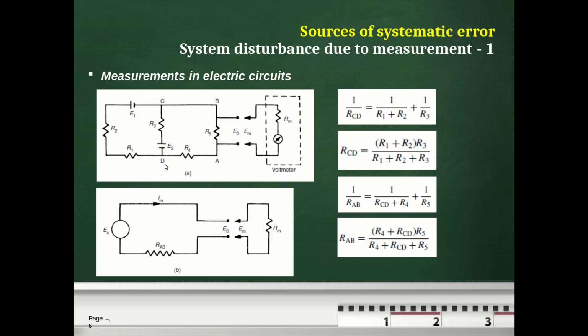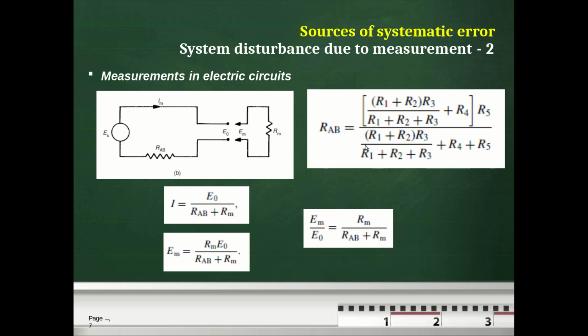Then you can take the RCD, this is the equivalent of this equation. Then RCD is in series with R4 and parallel with R5, because we talk about R5, so they are parallel with R5. Then you can easily find RAB. Then I can just replace RCD with its equivalent value to get this value.